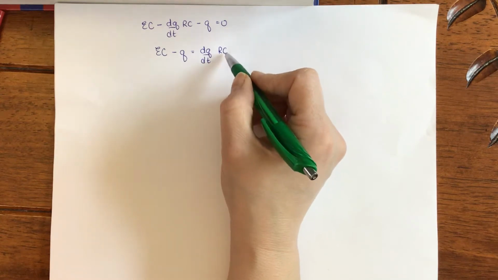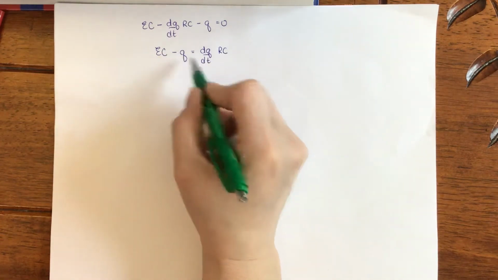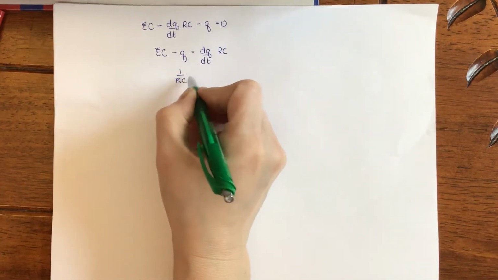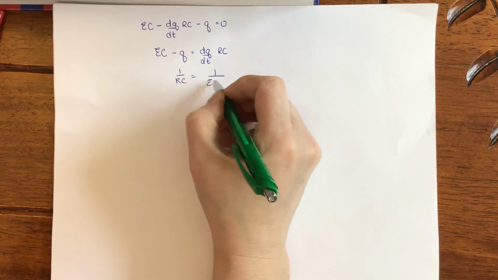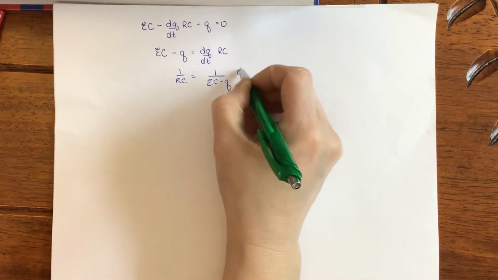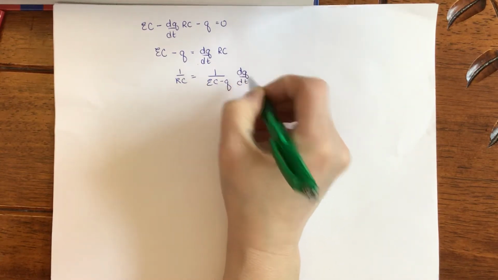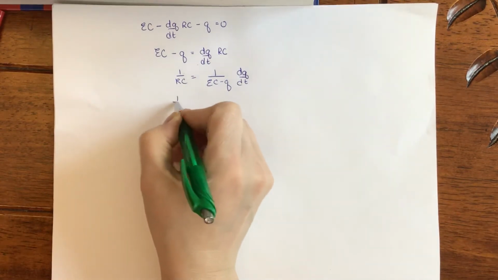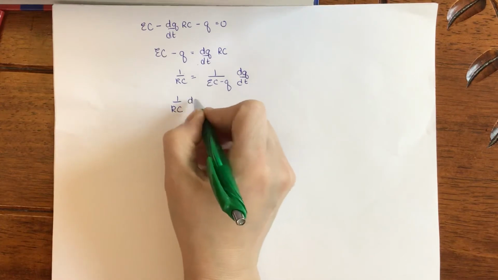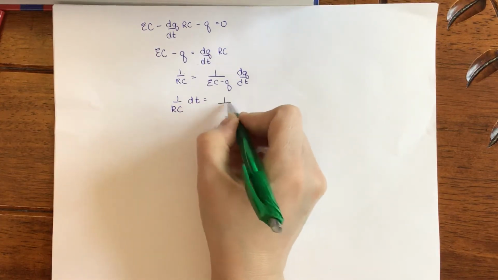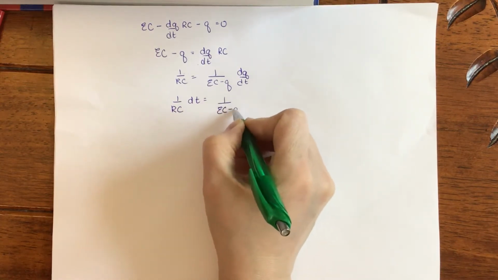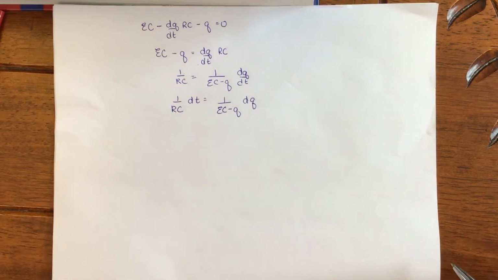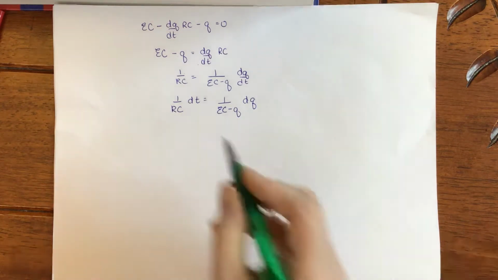Let's get the q term over here on this side and get the other stuff on the other side. So 1 over RC equals 1 over epsilon C minus q, times dq over dt. Okay, now we're doing pretty well. Let's get our dt up to this side. 1 over RC times dt equals 1 over epsilon C minus q dq.